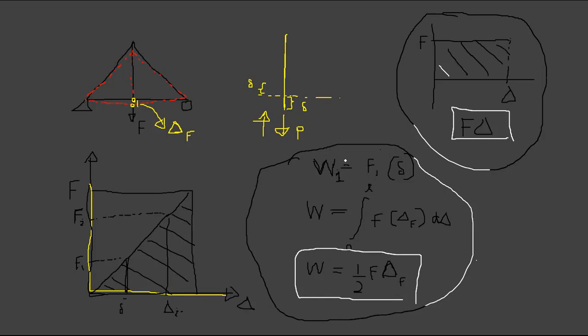So where is this work stored then, right? Each member is getting deflected, so that means it has a strain, right? Strain is deformation per the original length.